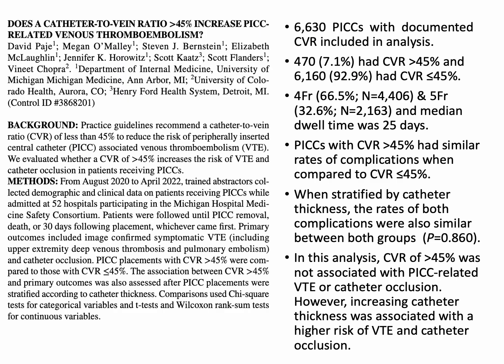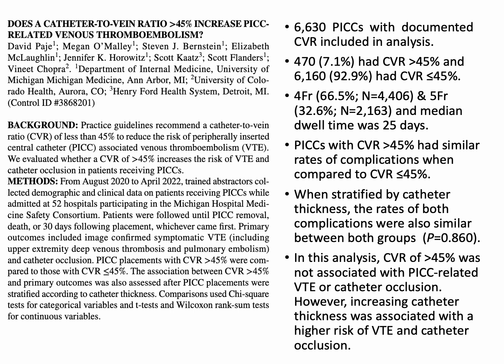This abstract was published in 2023 in the Journal of General Internal Medicine as a conference abstract, evaluating 6,630 patients with PICCs looking at catheter vessel ratio for analysis. As you can see, a small number of patients had catheter vessel ratios greater than 45%, and about 93% of patients maintained a catheter vessel ratio less than 45%.